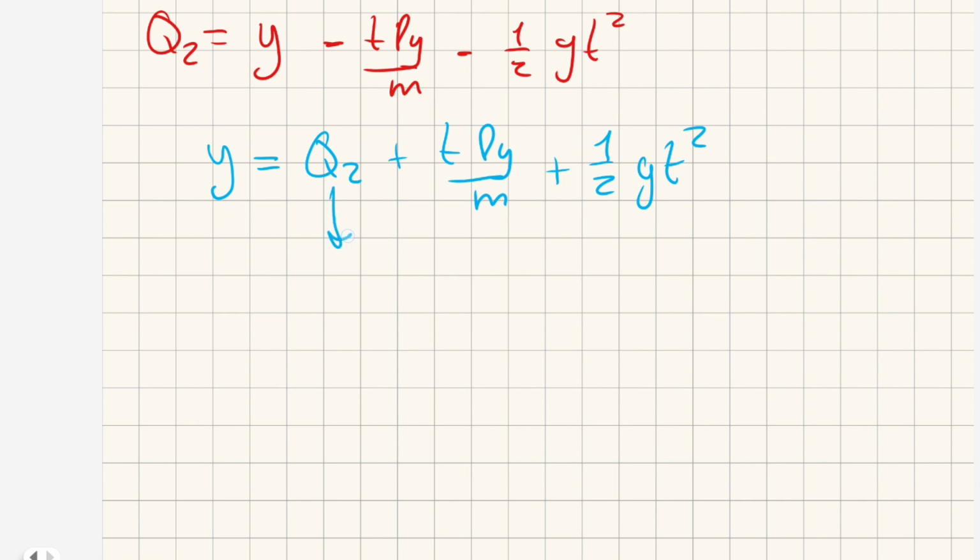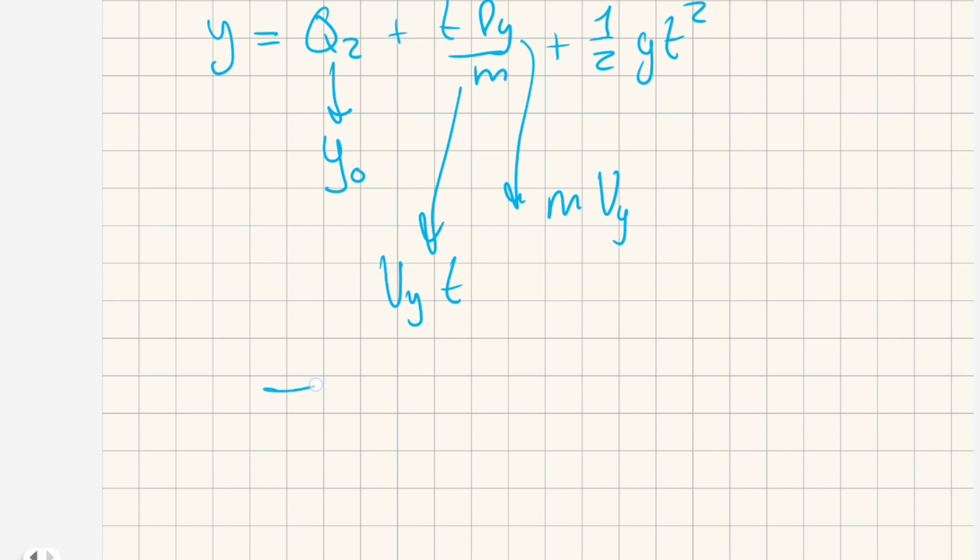Where we identify this, for example, as the initial position, maybe y naught, and we identify this py that we have here maybe as the mass times the initial velocity in the y direction, making that this element can be seen as the initial velocity times t, right? So this expression is equivalent to y equals y0 plus the initial velocity in y times the time plus 1 divided by 2 gt squared.